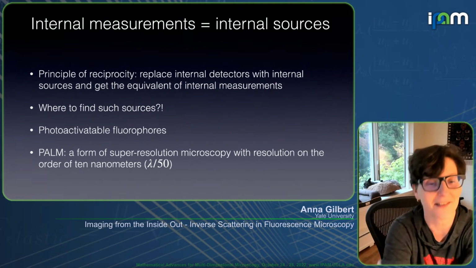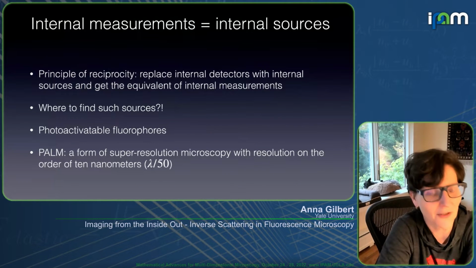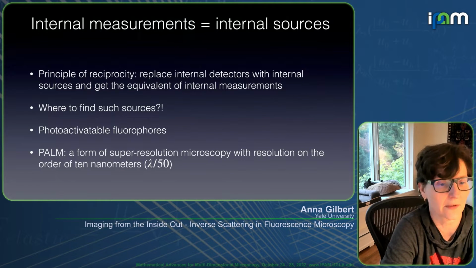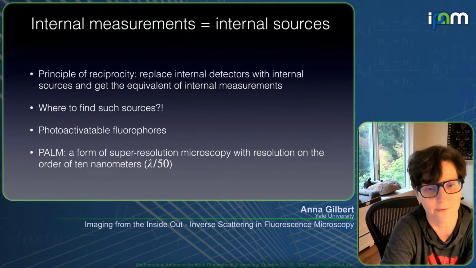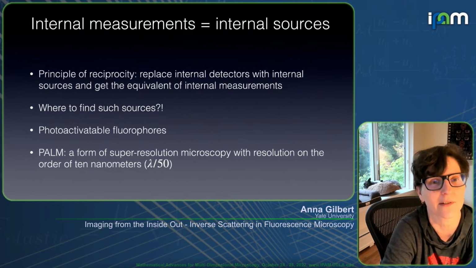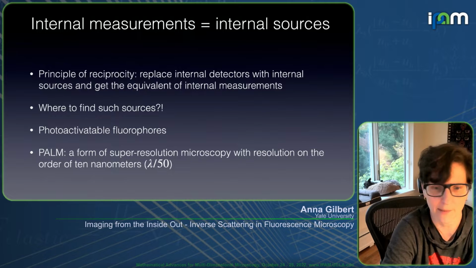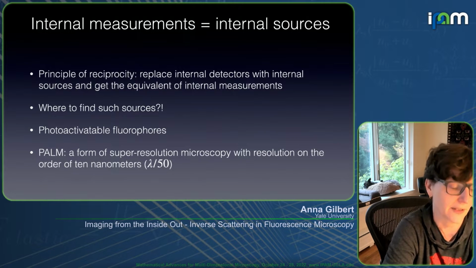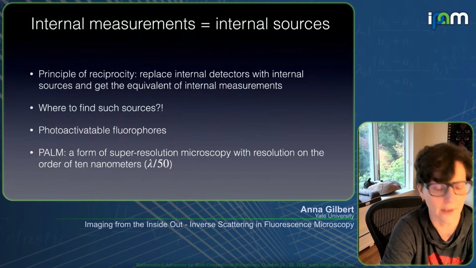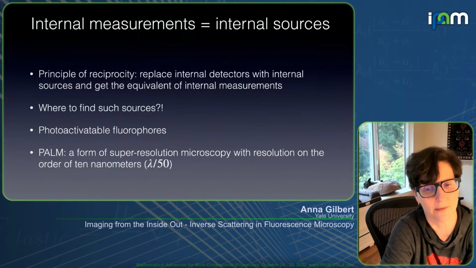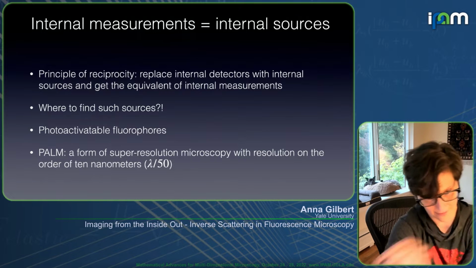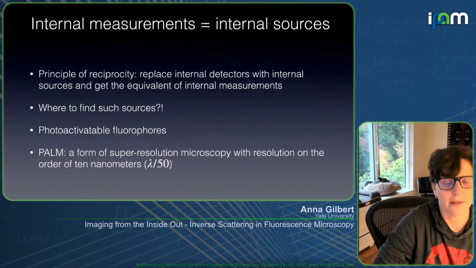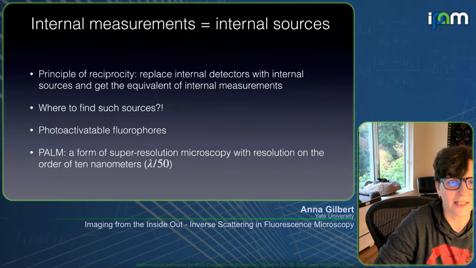Where do we find such sources? Well, it turns out that there are chemical compounds called photoactivatable fluorophores. Okay, this is a tongue problem today. And it turns out that PALM, photoactivated localized microscopy, is a form of super resolution microscopy where the resolution is on the order of 10 nanometers, or wavelength divided by 50.